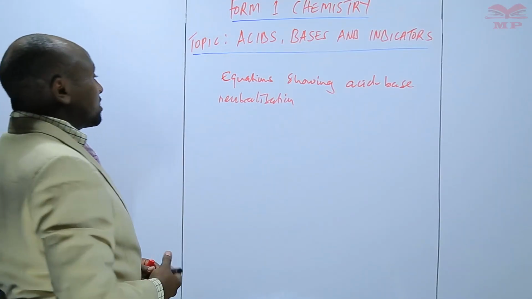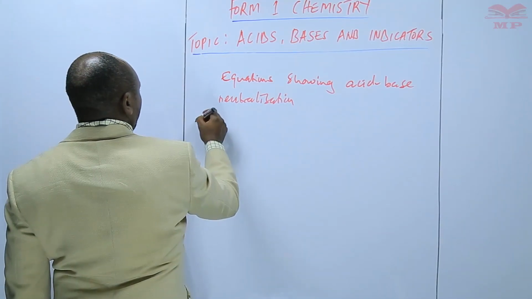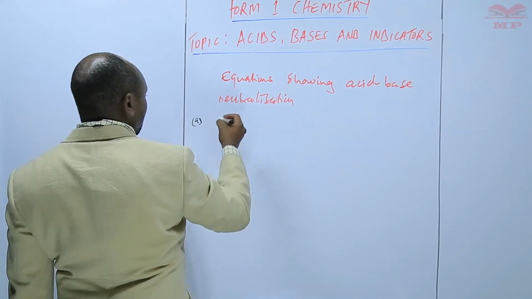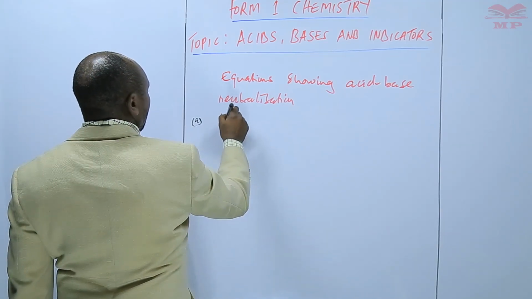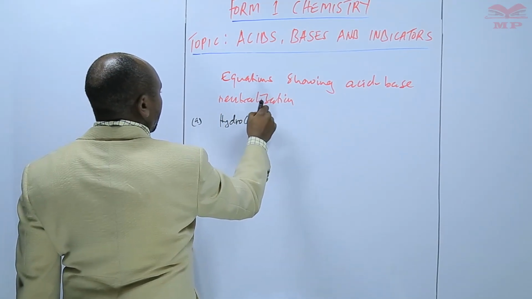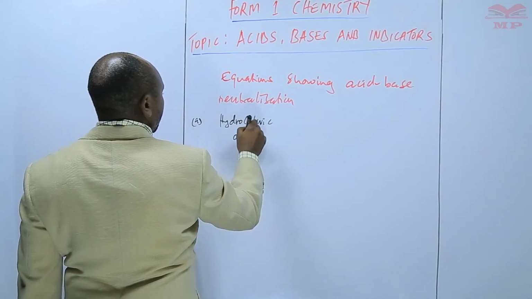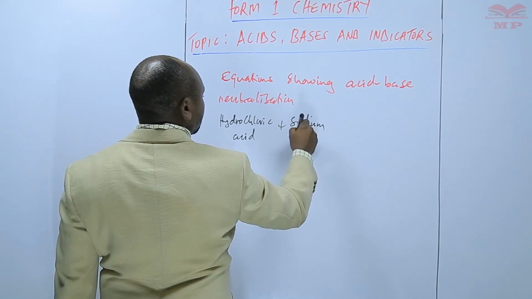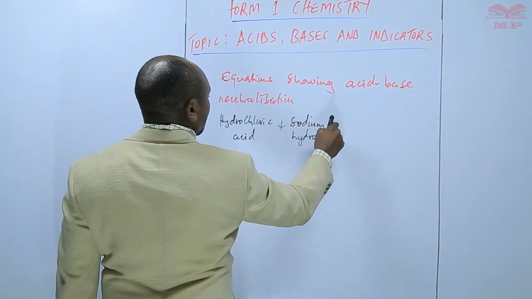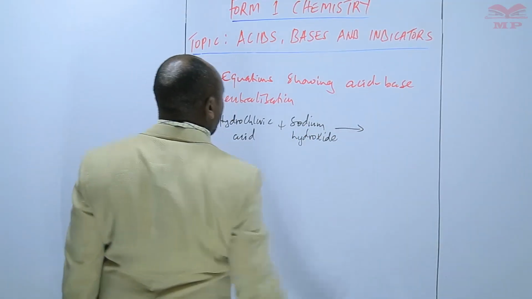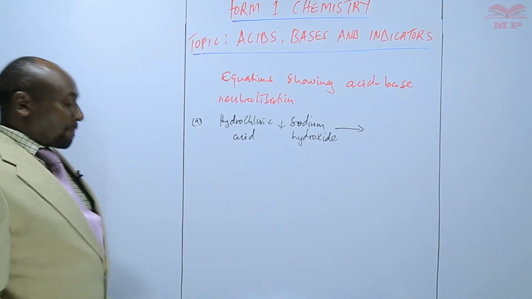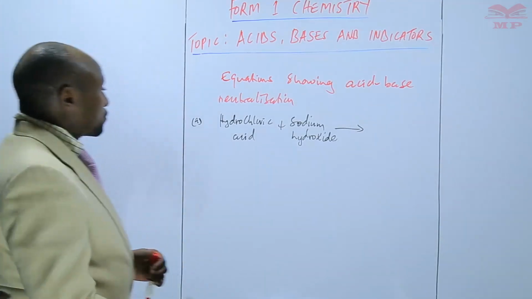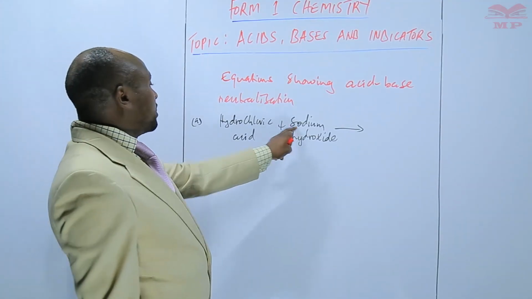The first one we had used the dilute hydrochloric acid and sodium hydroxide. So we expect to get a salt and water only. So the salt will be sodium chloride.